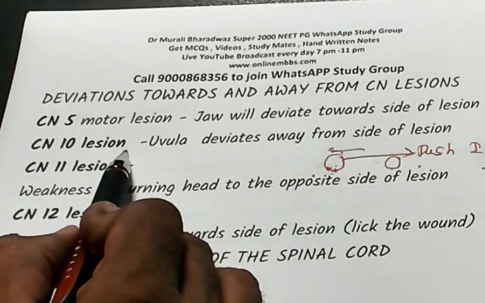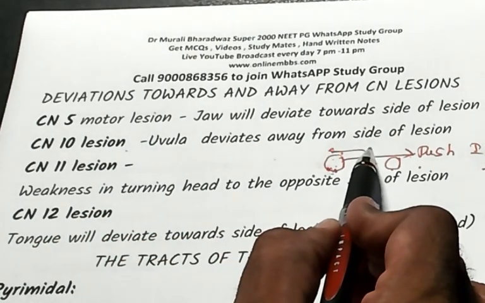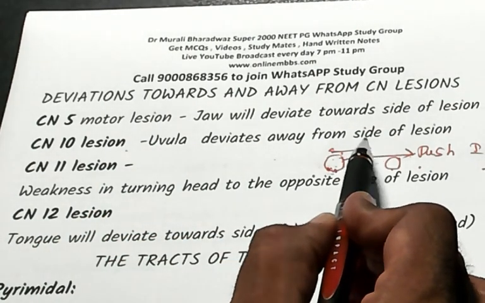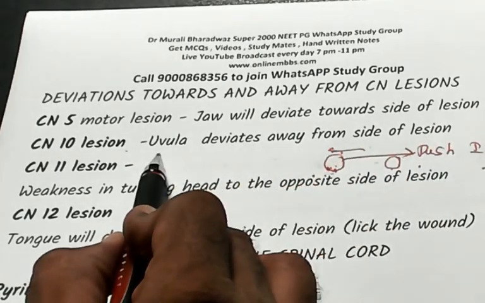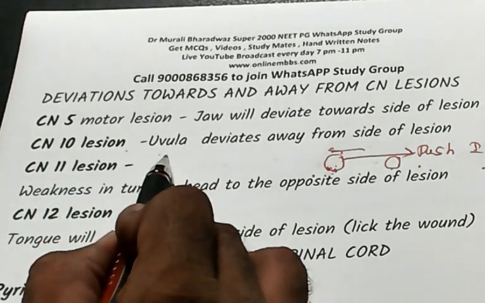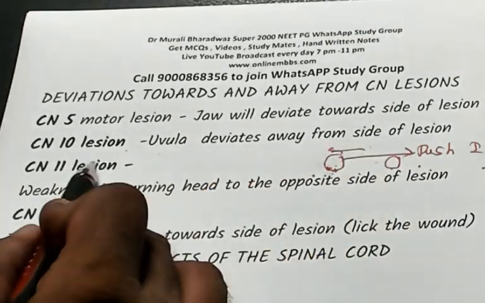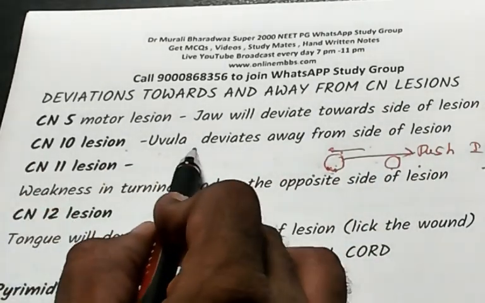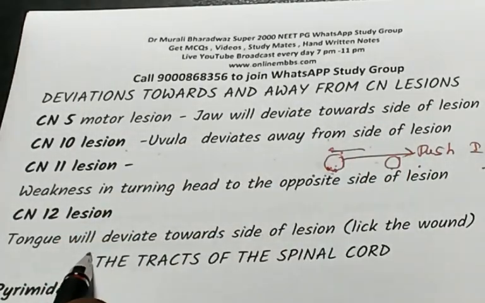Cranial nerve 10, what will happen? Uvula becomes deviated away from the side of the lesion, contralateral side. Right side vagus effect हुए तो uvula will get deviated towards the left side. Left-sided vagus effect हुए तो uvula get deviated towards the right side is what you should remember.